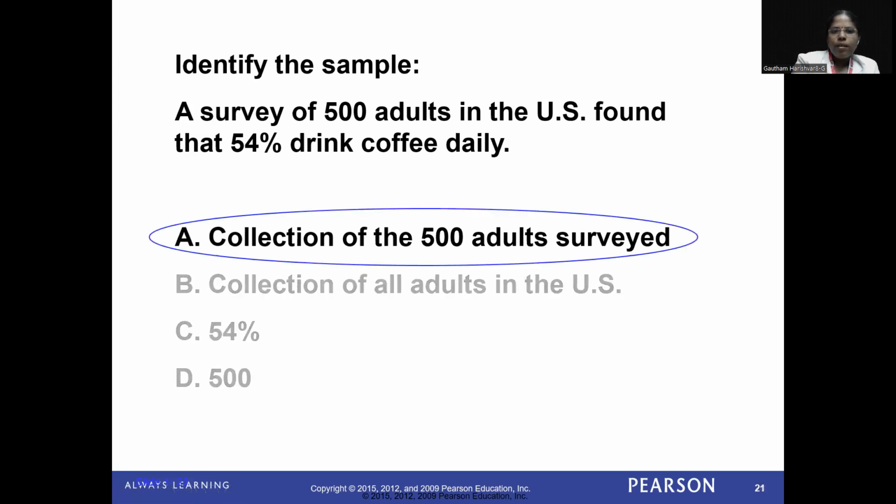Okay. So the collection of 500 is the survey. Only 500 adults have been surveyed. But in the US, there are so many adults beyond that survey. That is the population, but we take the 500 adults as a sample.